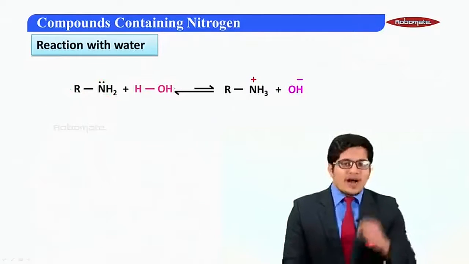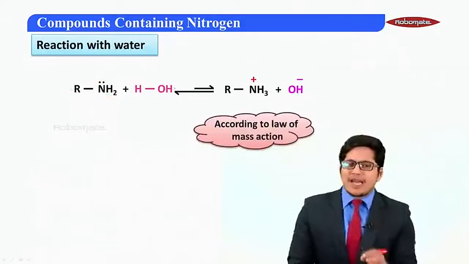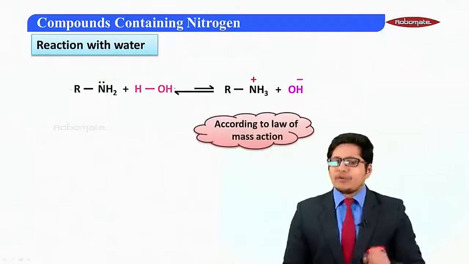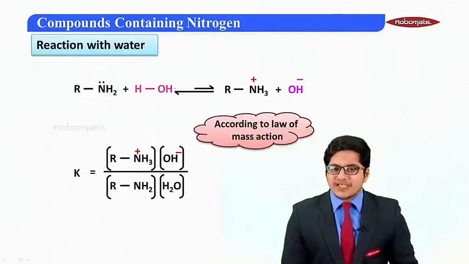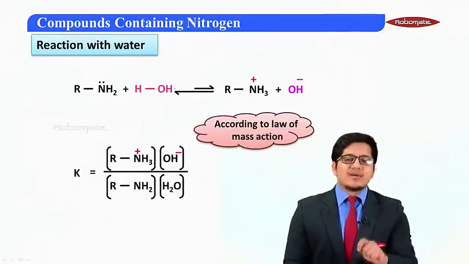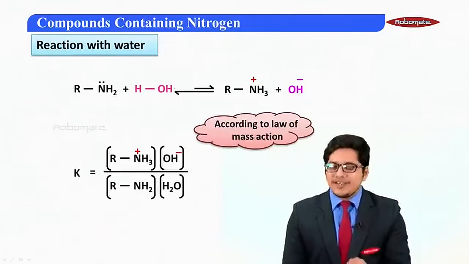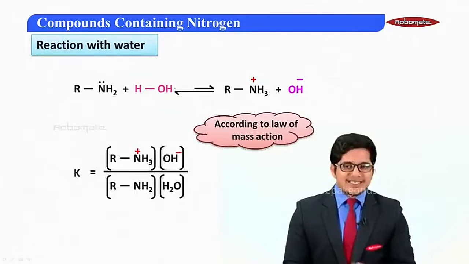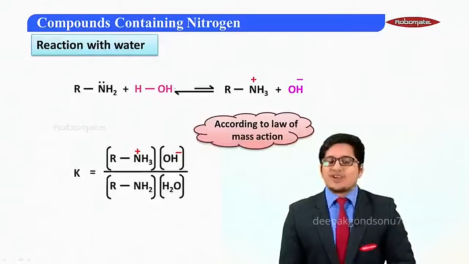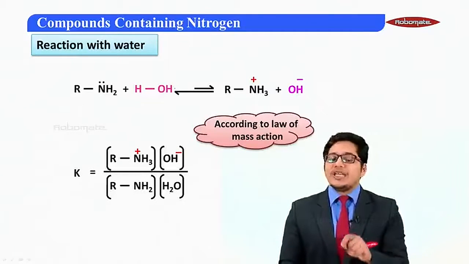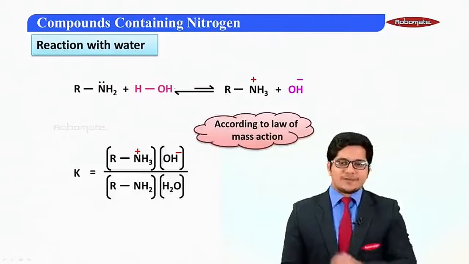Again, a very important point. Let's apply the law of mass action. We get K equal to the active concentration of RNH3 positive into OH minus, divided by the active concentration of RNH2 into the active concentration of water.